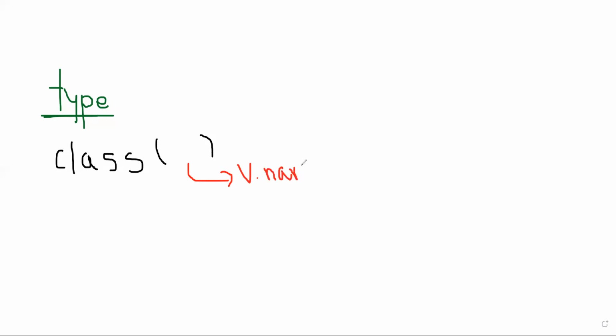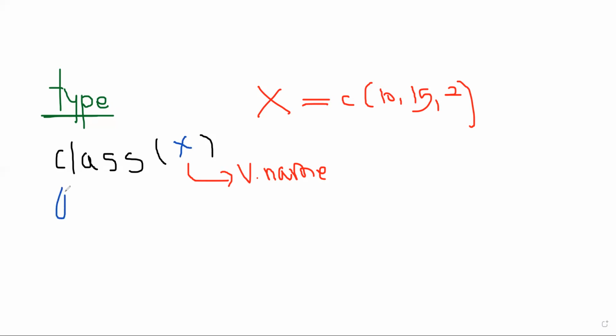If I create a variable x equal to c of 10, 15 and 2, and I write class of x, what will be my output? The output will be numeric.